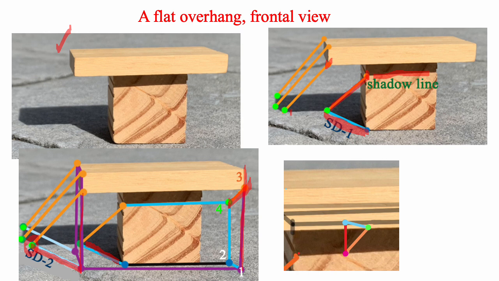And we get an intersection here as if this whole surface is extended. You could see that the shadow direction is here, and then it goes up this imaginary wall to go to this intersection. And that's the shadow line.